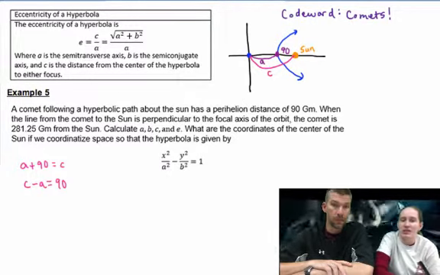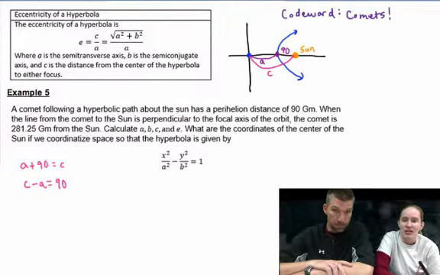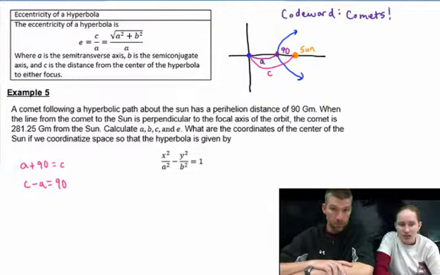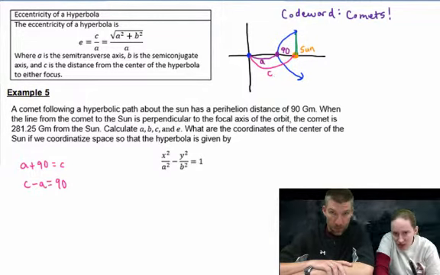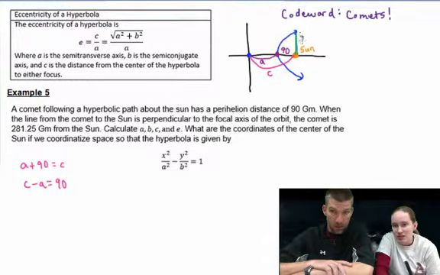Then it tells us that when the line from the comet to the sun is perpendicular to the focal axis of the orbit, the comet is 281.25 gigameters from the sun. Now that line is perpendicular to the focal axis. Oh, the focal axis is this way, and so perpendicular gives us this. That's 281.25.